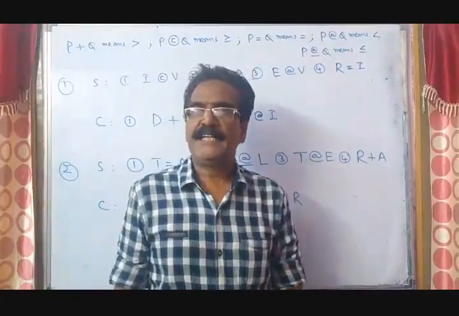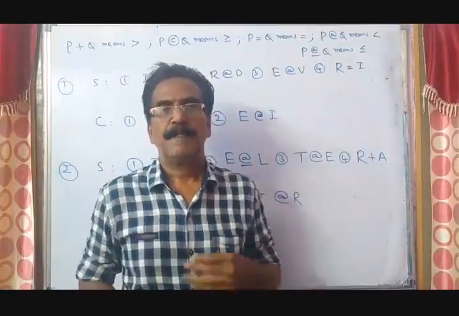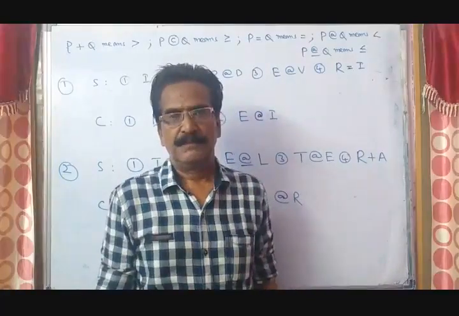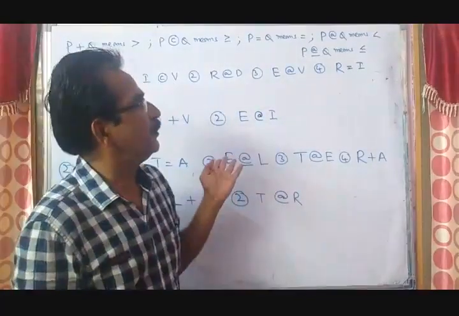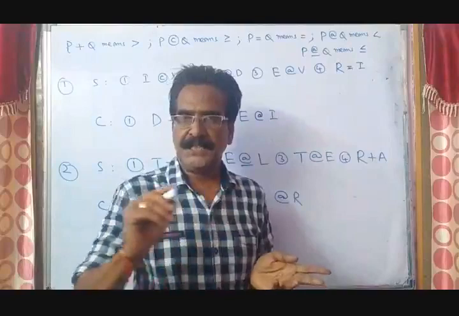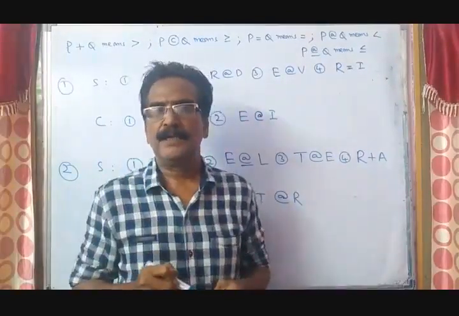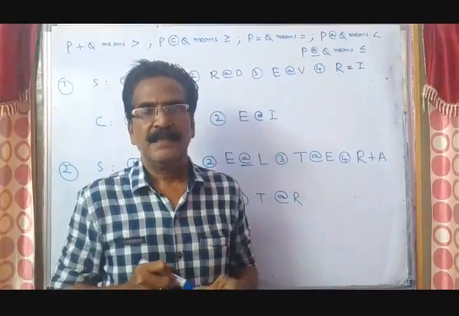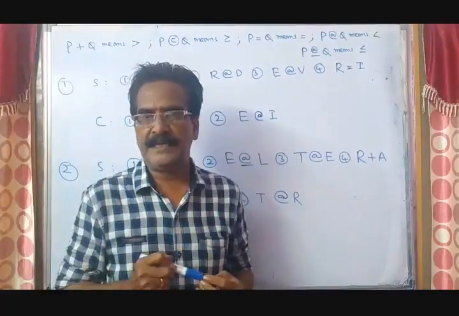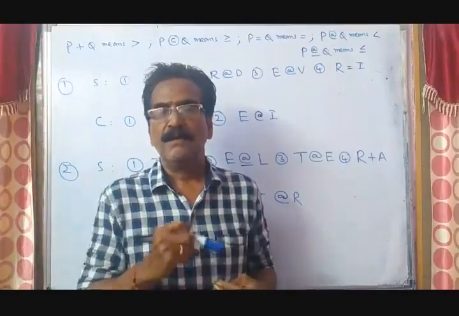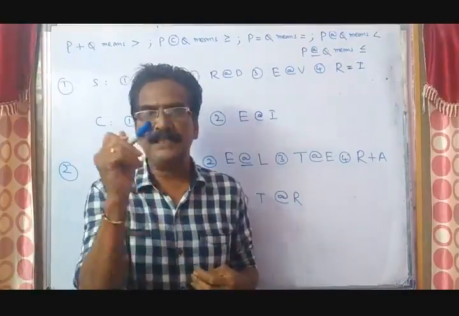Today, inequalities part 2, coded inequalities. In our previous video, a direct statement was given followed by two conclusions, and we verified which of the two conclusions follows from the given statement line.